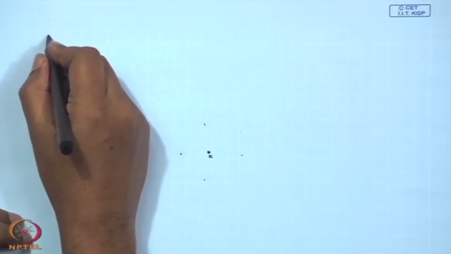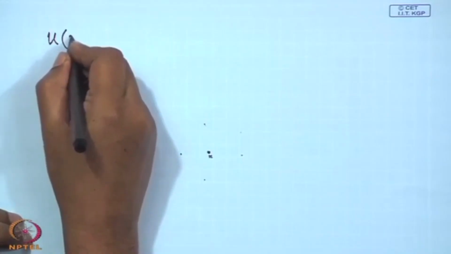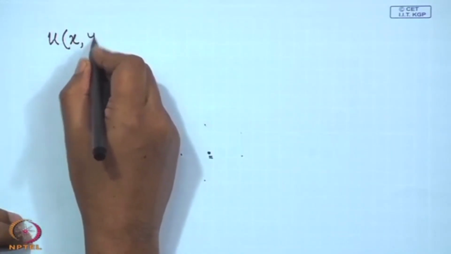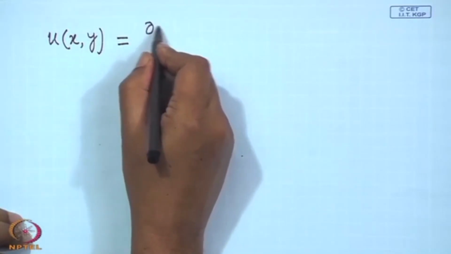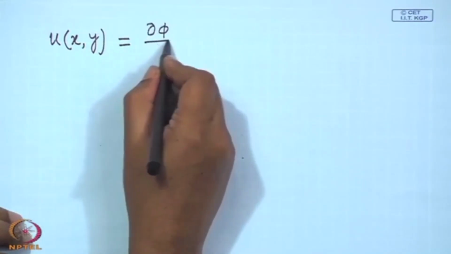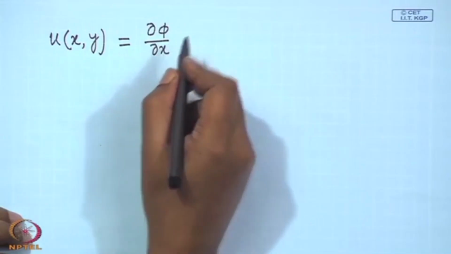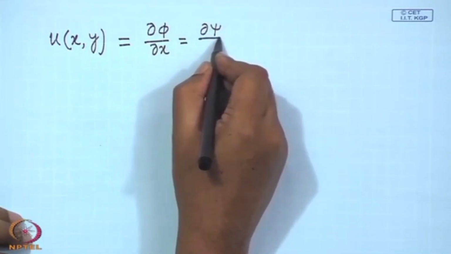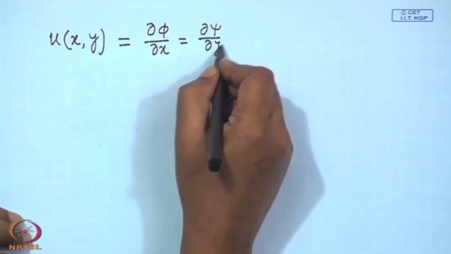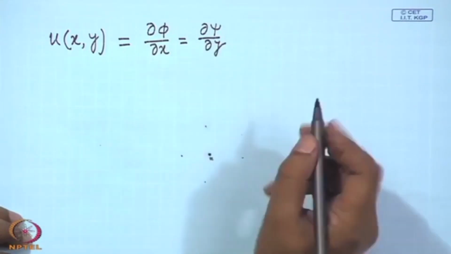The velocity at any point, the x component of the velocity u x y, you can write as d phi dx or equal to d psi dy. How much is this?